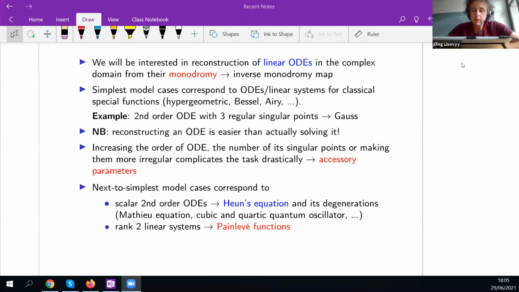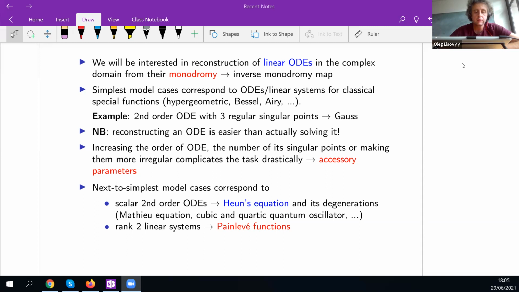Now, if you want to go beyond these classical ODEs, then it turns out that increasing their order, or increasing the number of singular points, or making the singularities more irregular complicates this reconstruction task enormously. First of all, you start to see the difference between the case of scalar equations and linear systems.